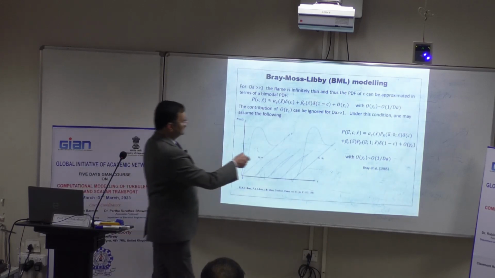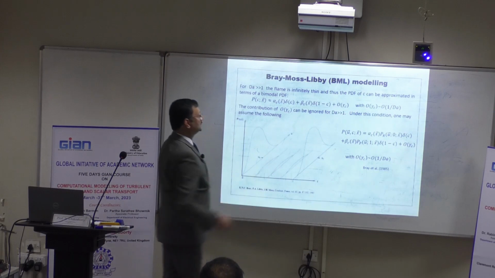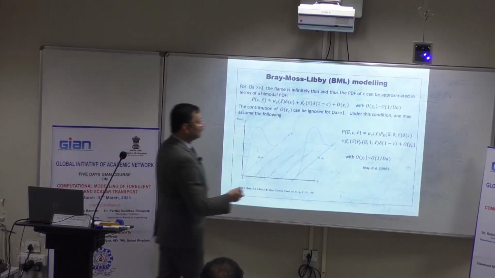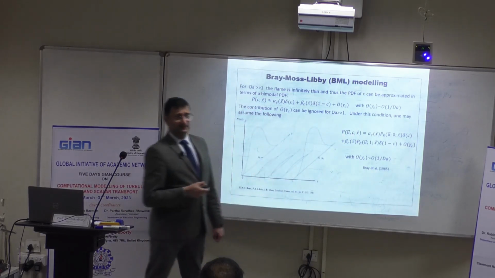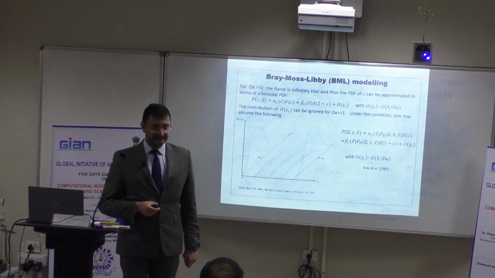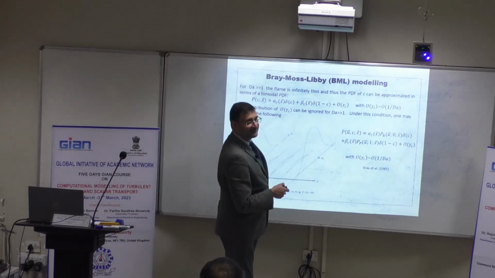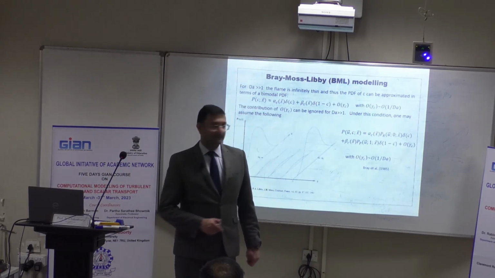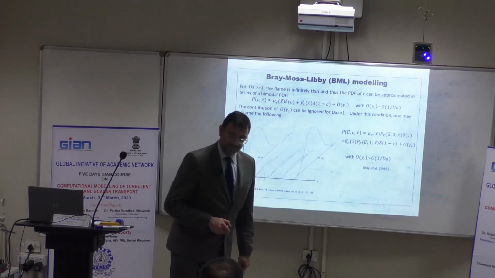Generally, this kind of parameterization is valid when Damköhler number is much greater than 1. And based on that, one can come up with this kind of joint probability density function between velocity and reaction progress variable. Okay? Let me explain what PR and PP are.